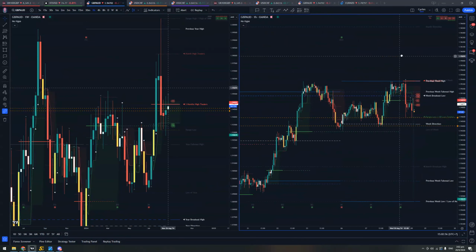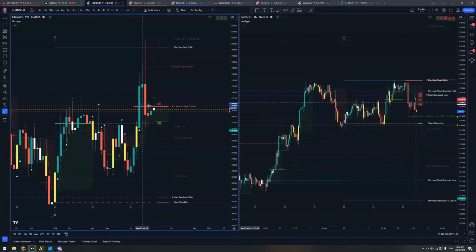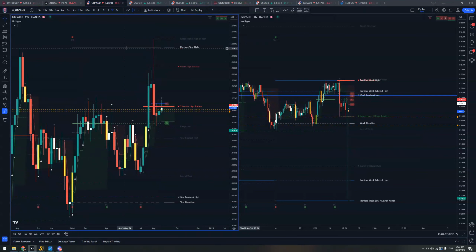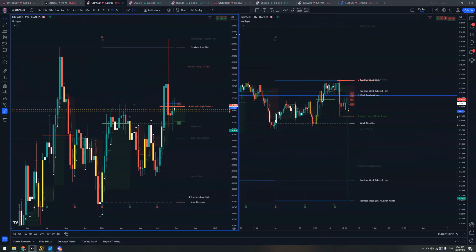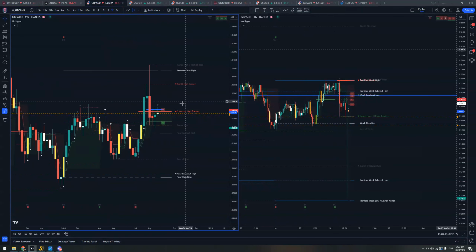what I'm seeing here is that this is the last weekly breakout level, and price hasn't been able to break above it. We faked out the previous month high. We've faked out that previous year high level. Again, I never really base my trades off yearly levels, but it's always nice to see that.